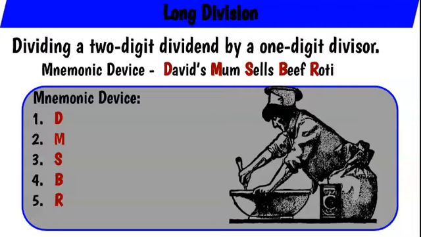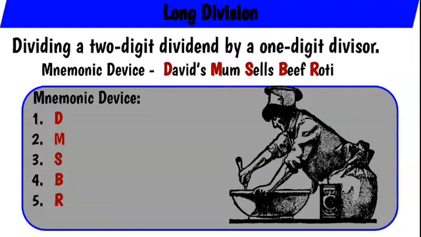Let's use the first letter in each word: D, M, S, B, and R. David's mom sells beef roti.